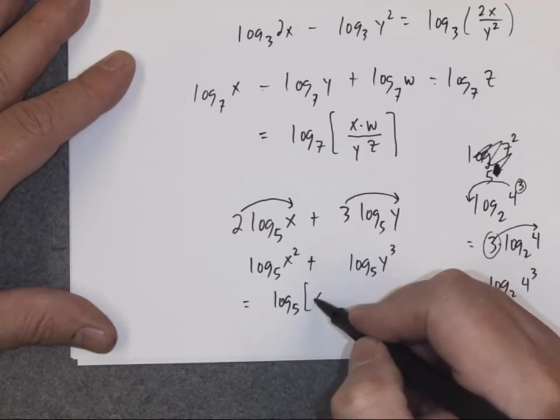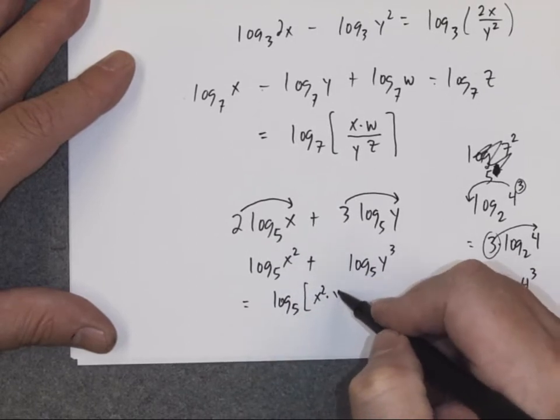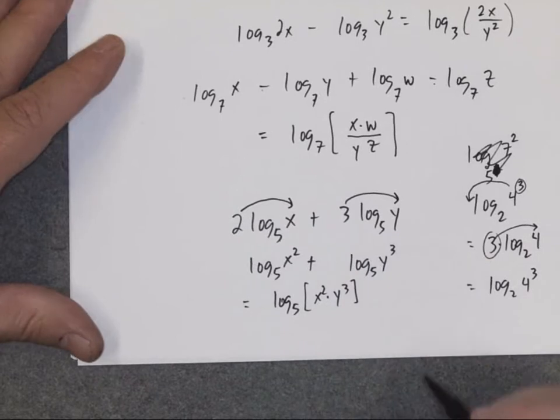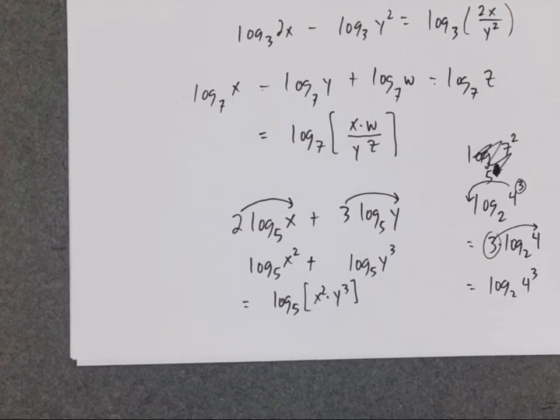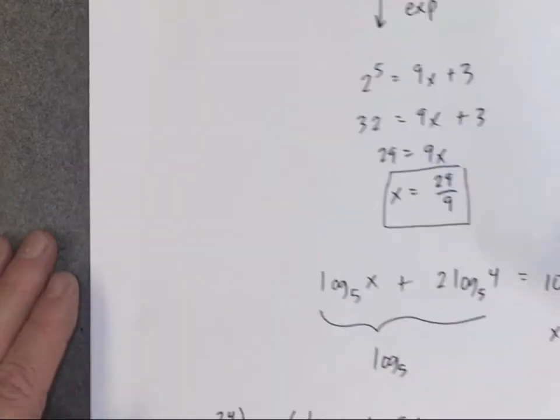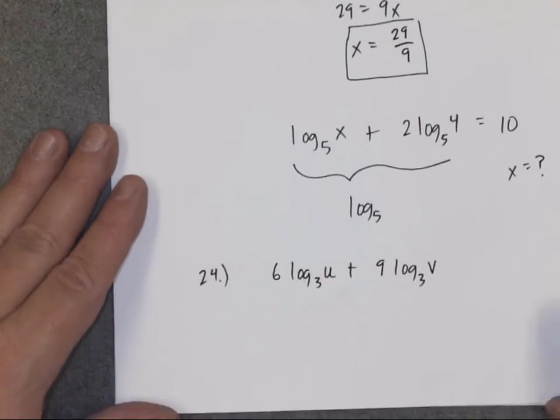Since I'm adding, it's just x squared times y cubed. All right, so with that as the basis, now we're ready to work out problem 24.